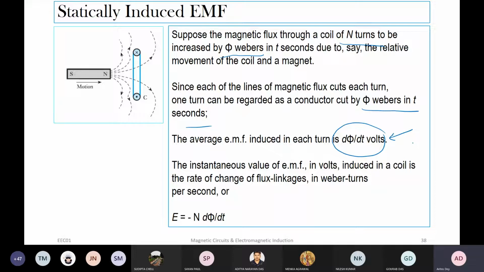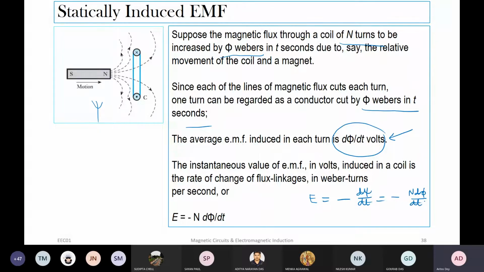If there are n number of turns, then it is n into d phi by dt. Or we can write, if the flux linkage is psi, then E equals minus d psi by dt, and flux linkage means n into phi. Okay, so this is statically induced EMF.